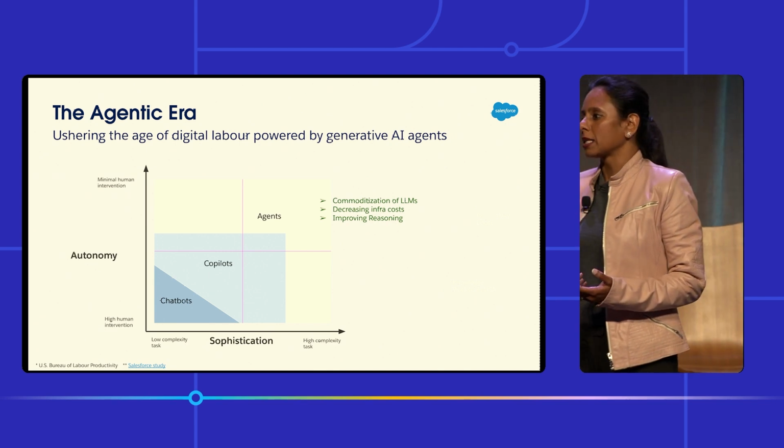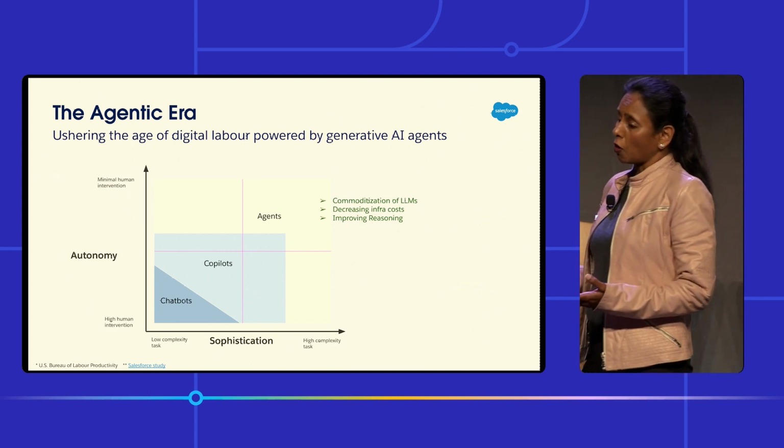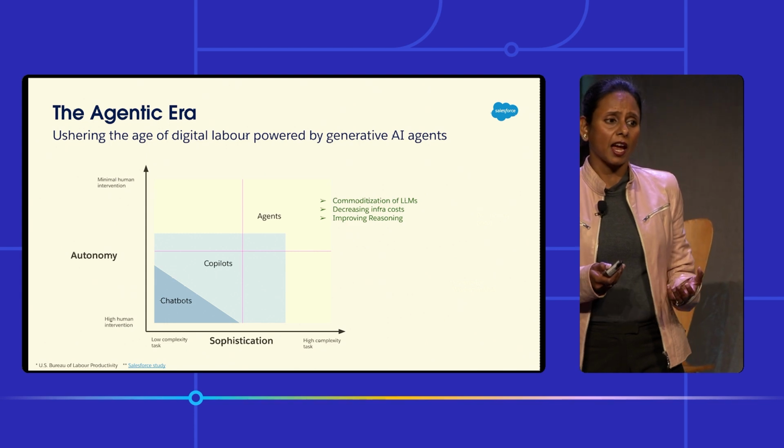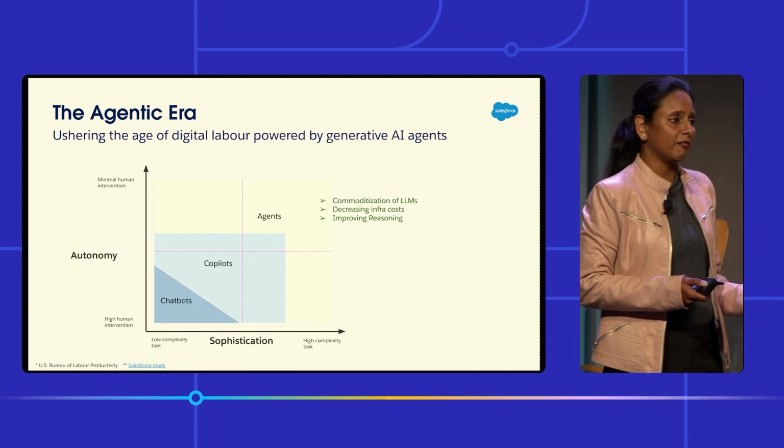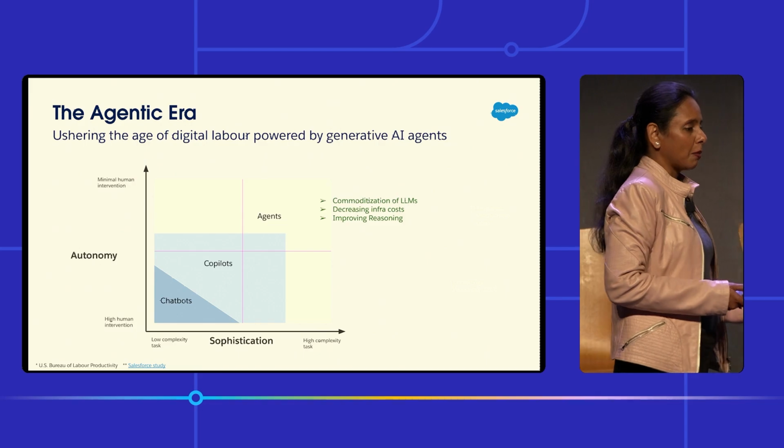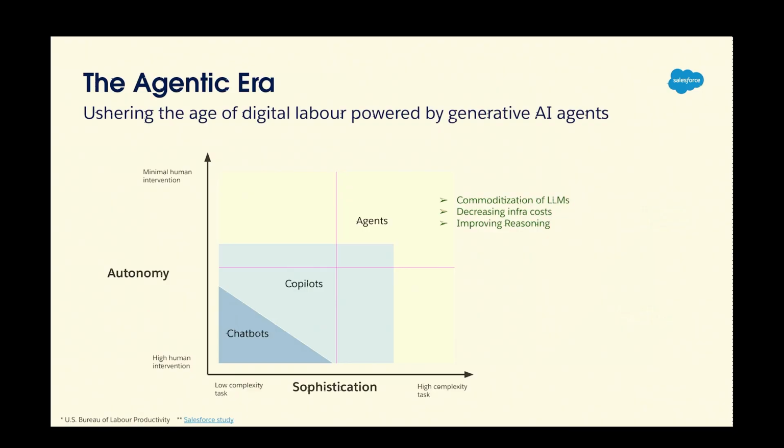I'm sure you must have heard by now that Salesforce is ushering in the age of digital labor powered by Gen AI agents. But what are Gen AI agents? Truth be told, there is rampant confusion about the term agent right now. So I want to start by unpacking what agents are for you.